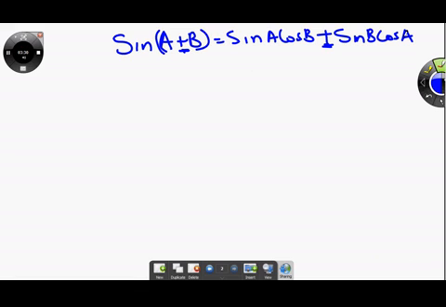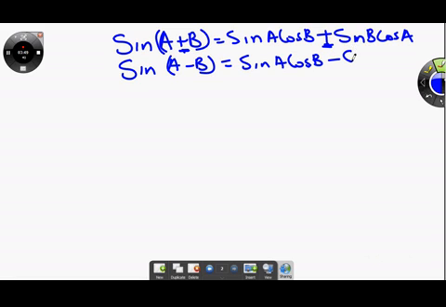Now the other identity, again in terms of sine: sine of a minus b is equal to sine a cos b. Because there was a minus on this side, it will change to a minus sine b cos a.